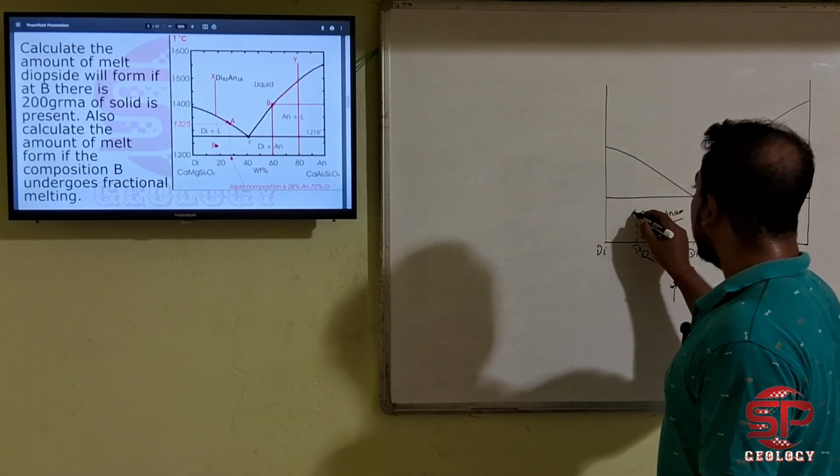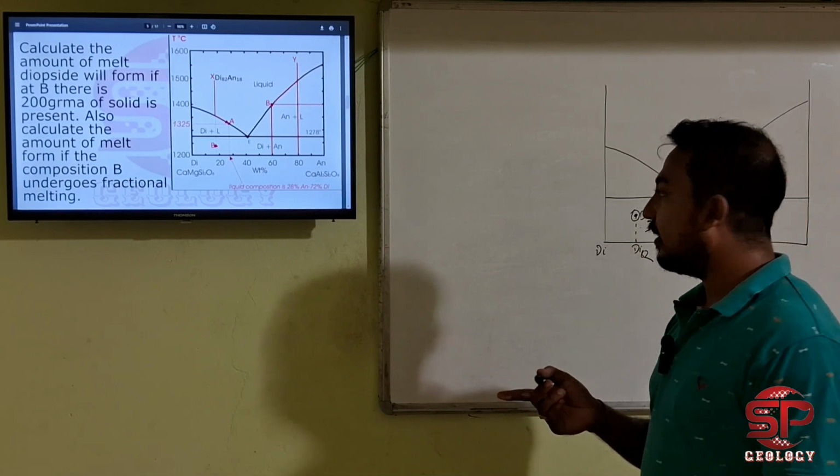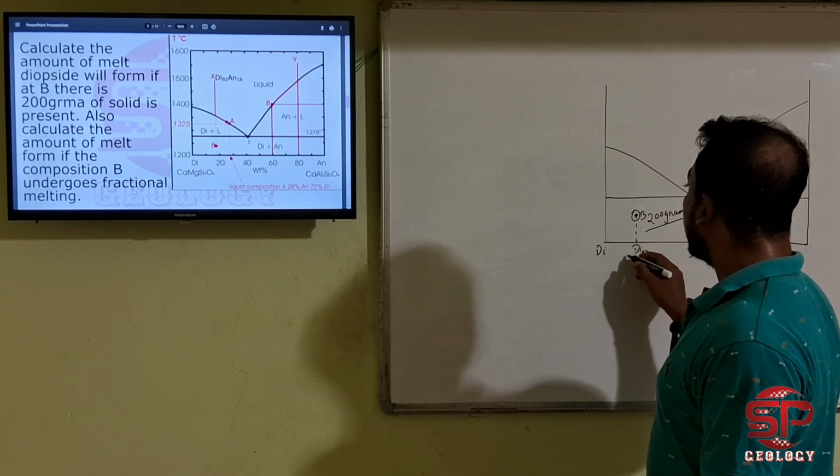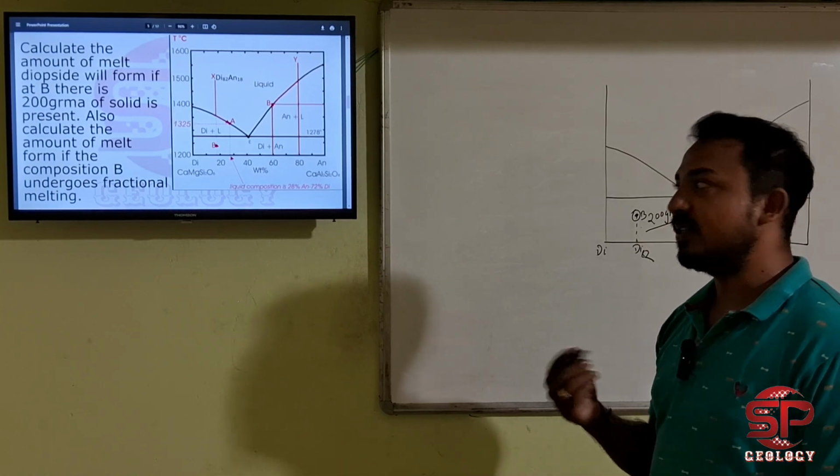So remember, if this solid undergoes equilibrium melting, then the composition of solid and the composition of melt will be the same.